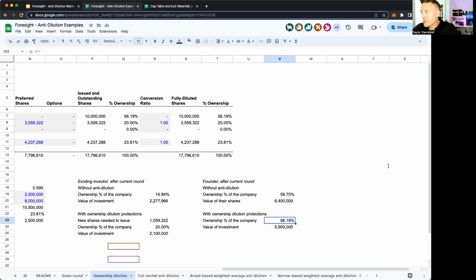So the question is, if the adjustment is not waived, does the dilution also impact new investors or just the common founders? It's not going to impact new investors.